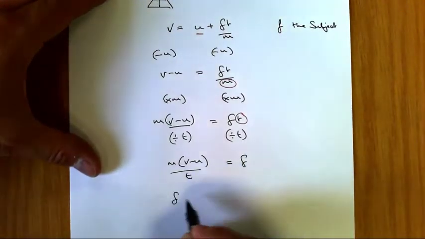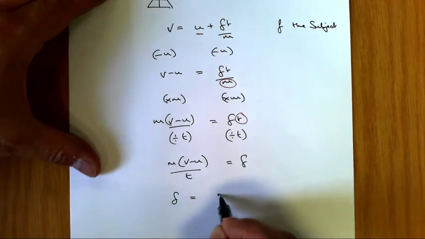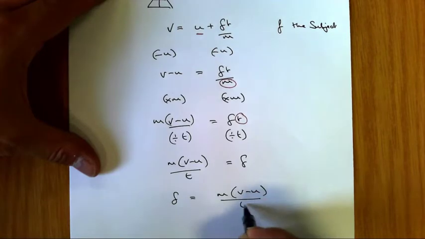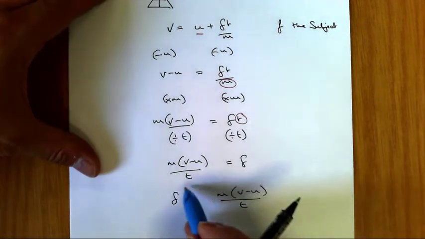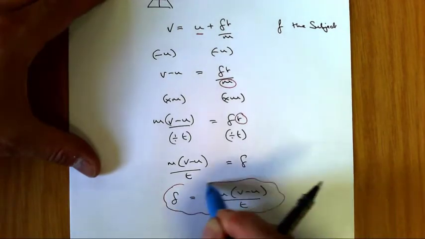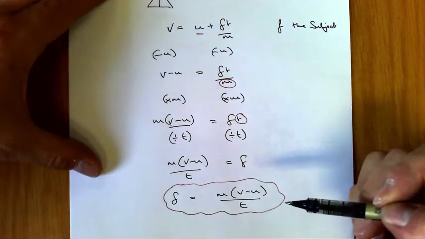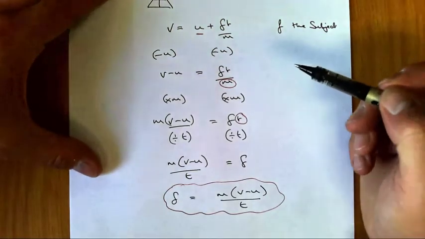There's no real actual value in it. So we've got M(V minus U) over T, and this is our solution. We've made F the subject of this equation that we had at the top here.